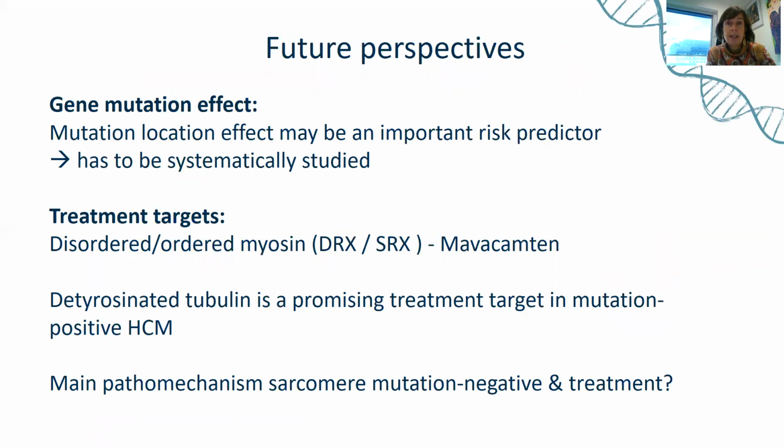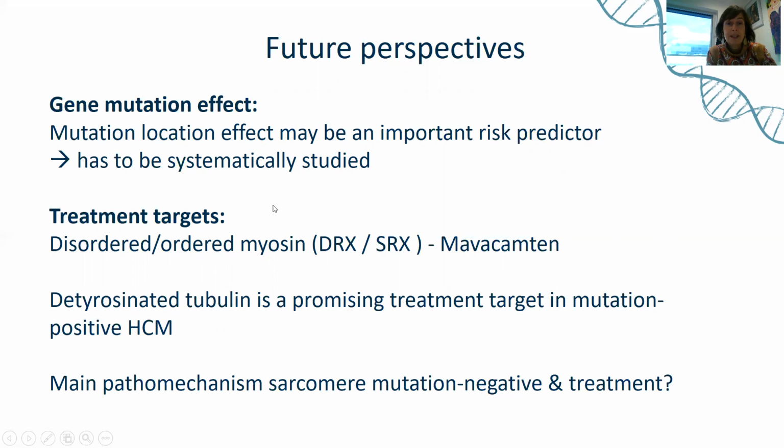So to summarize the data thus far, we've shown that mutation location is really an important determinant of the change, at least in calcium sensitivity, and may be used as a risk predictor, but this has to be studied systematically in longitudinal studies in patient cohorts.